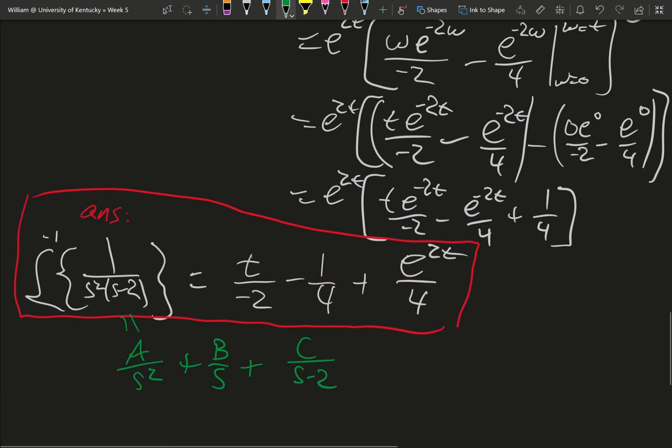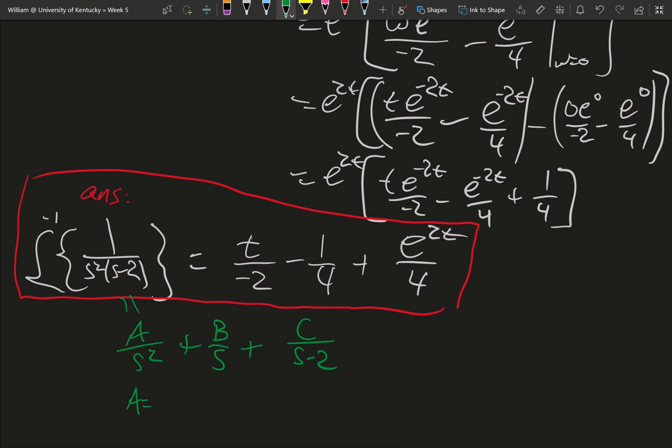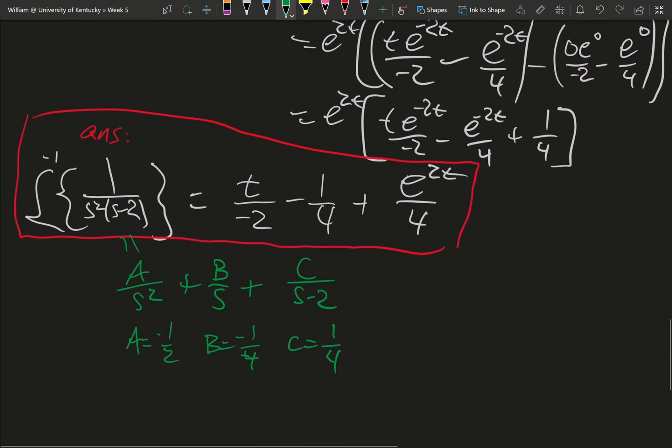And from this, we could see that A would need to be negative 1/2, B would have to be negative 1/4, and C would have to be positive 1/4. So, another sort of justification for the convolution theorem, or checking it, right? At least the right stuff shows up.